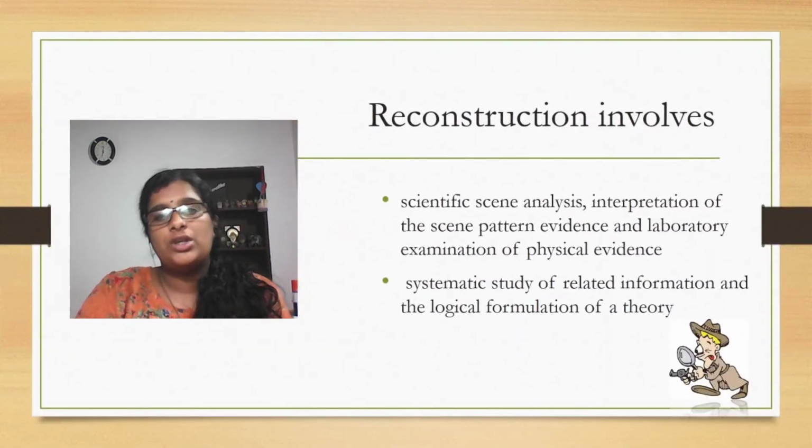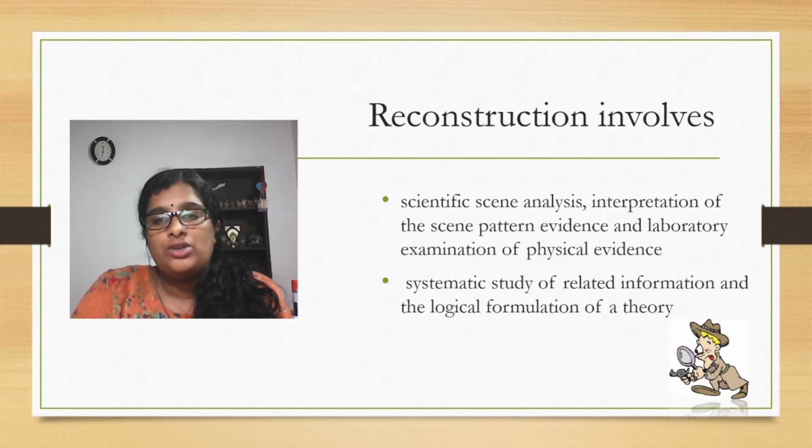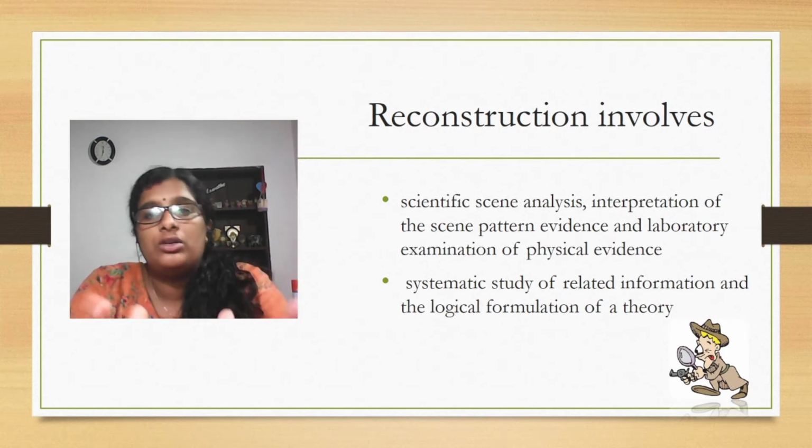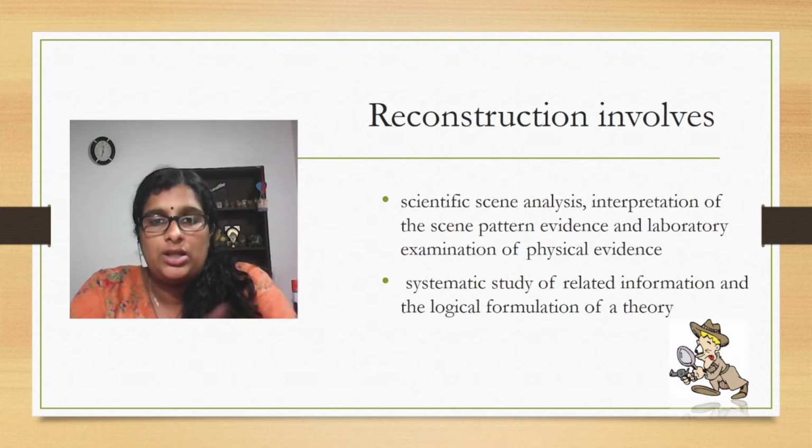Reconstruction involves scientific scene analysis, interpretation of the scene pattern evidence, and laboratory examination of physical evidence. It is a systematic study of related information and logical formulation of theory, and it involves scientific scene analysis. The investigating officer should analyze the crime scene scientifically and interpret the whole scene evidence and the physical evidence.